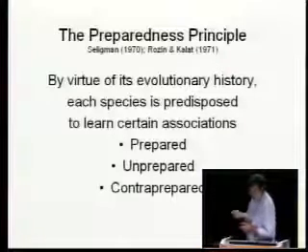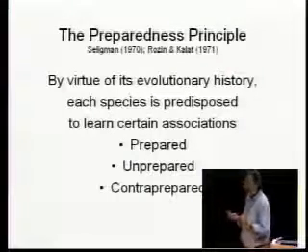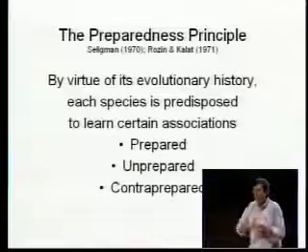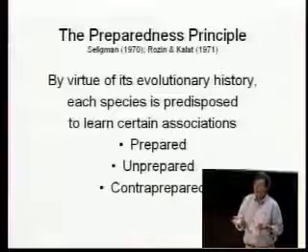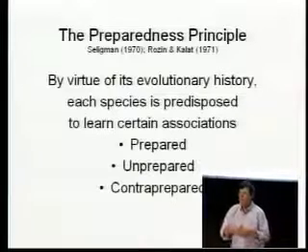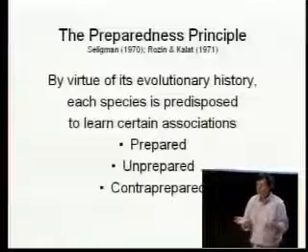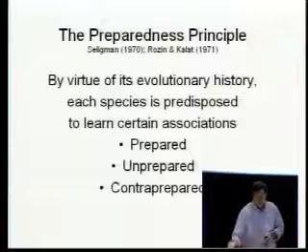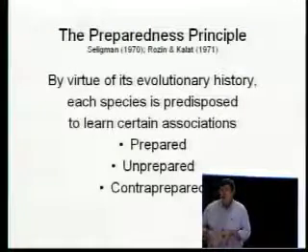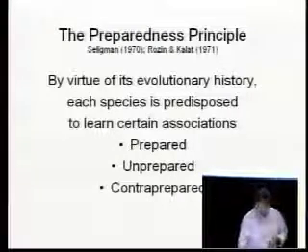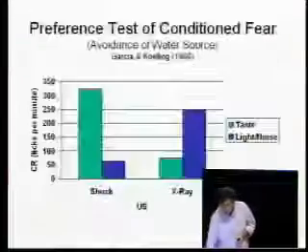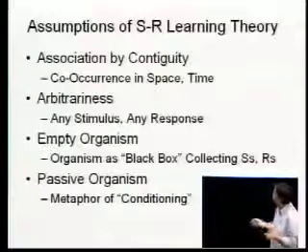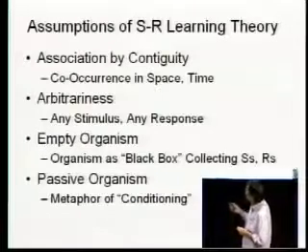Okay? So you have to understand the individual's biological workings, how the organism's brain and nervous system have been shaped by evolution in such a way as to make it easy for it to learn some kinds of associations and hard for it to learn other kinds of associations. So the first point here is that we've got these problems of learning that undermine certain assumptions of the stimulus response theory of learning.